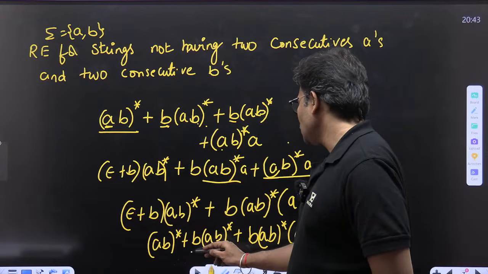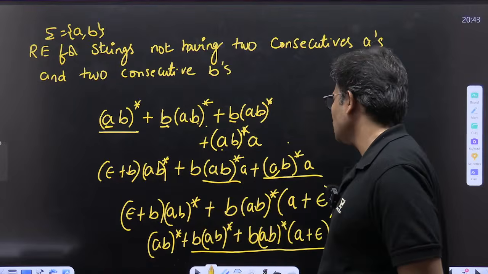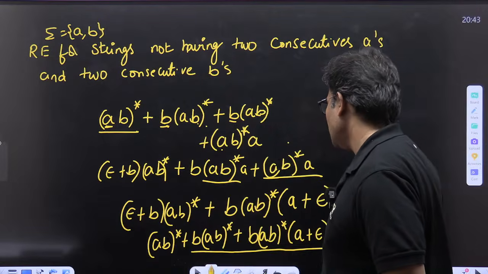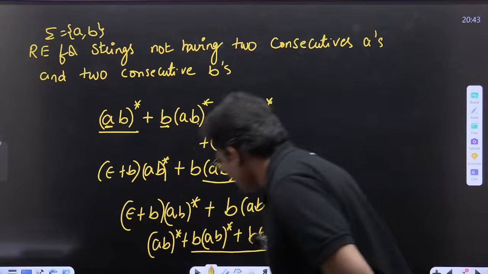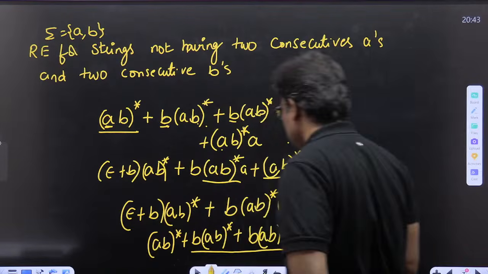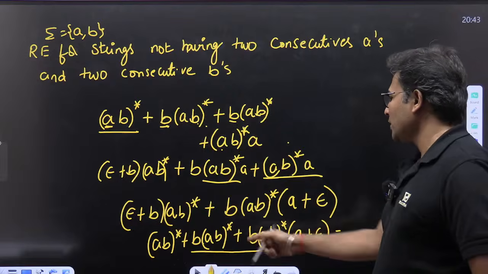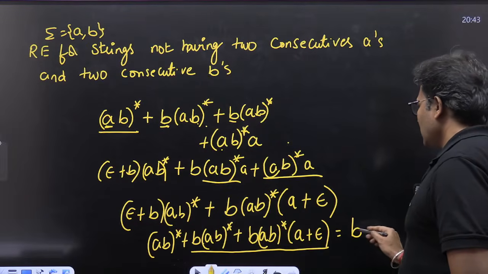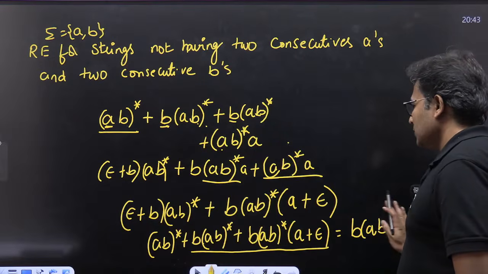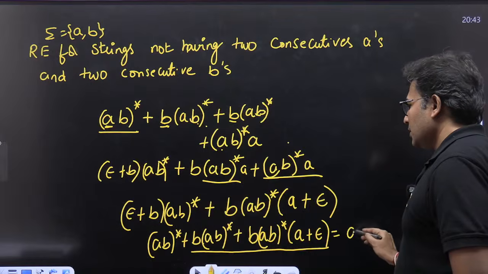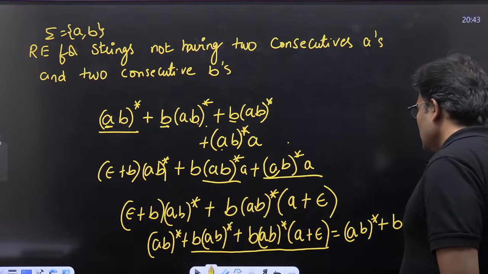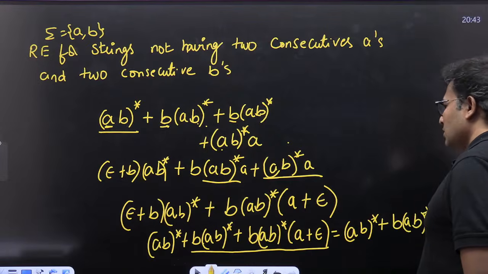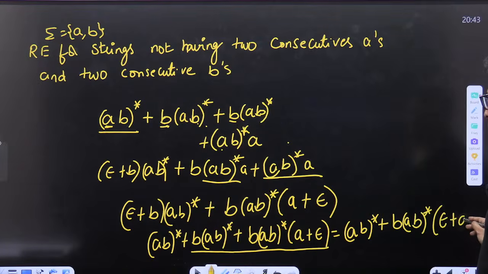From these I can pull out B(AB)* and get (AB)* plus B(AB)*, epsilon plus A, plus epsilon, right?